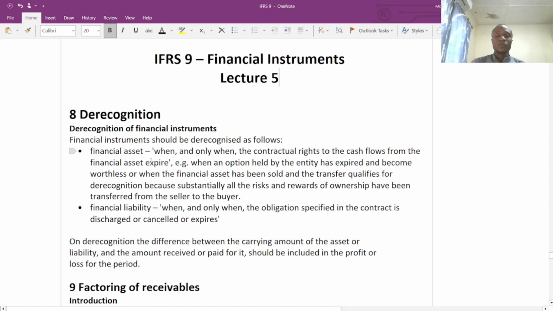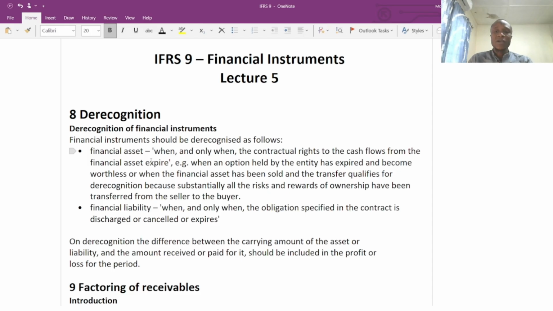For example, there is a financial asset, then the company has received 100% of the interest income as well as the cash payment for the stipulated period as per the contract agreement, then automatically there is time for that particular company to derecognize, to remove the financial asset within the financial statement.